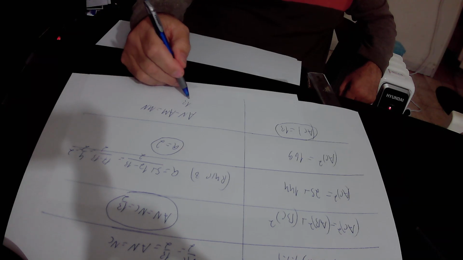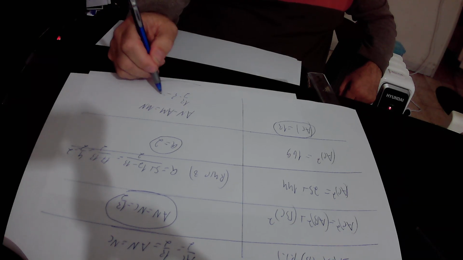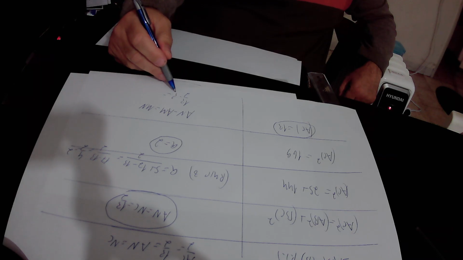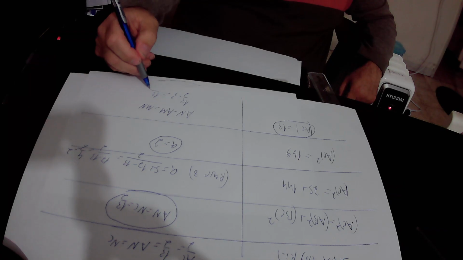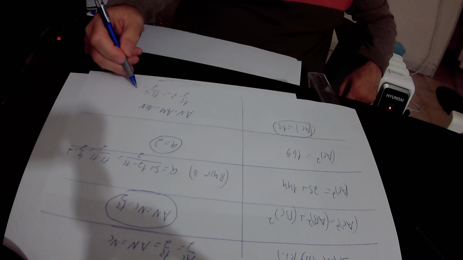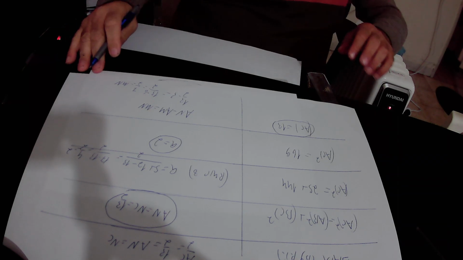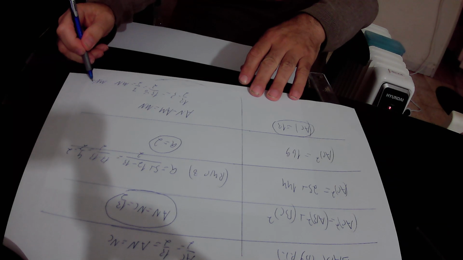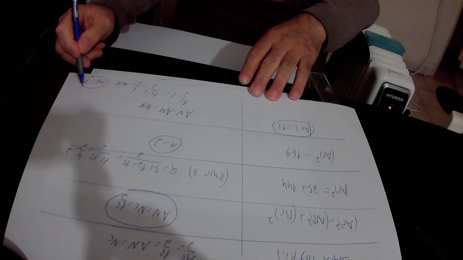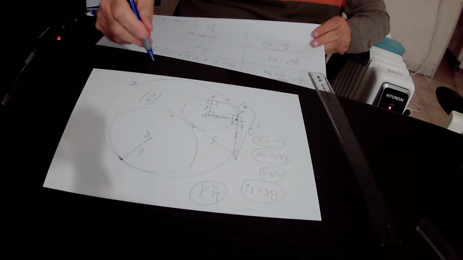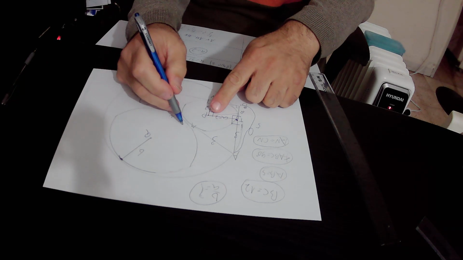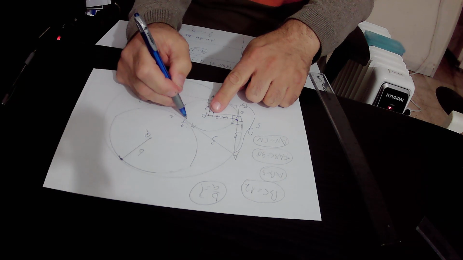AN is 13 over 2 minus AM, which is 3, and that is equal to MN. So we multiply 3 by 2 and divide by 2, and we get 13 over 2 minus 6 over 2. 13 minus 6 is 7, so in total this expression equals 7 over 2. So we found out that MN equals 7 over 2 units in its length. This line segment MN equals 7 over 2 units.